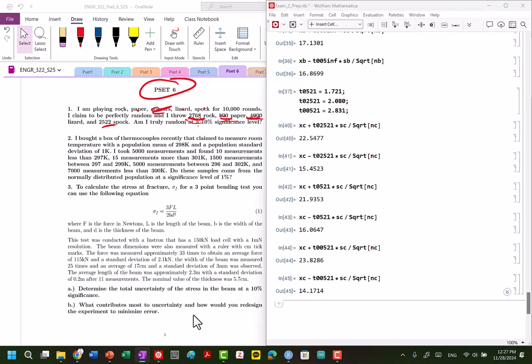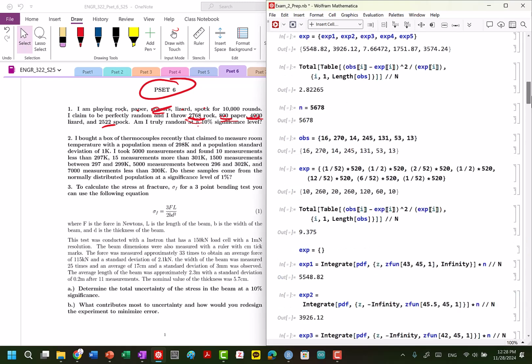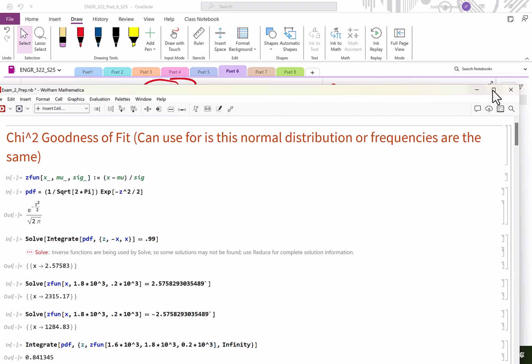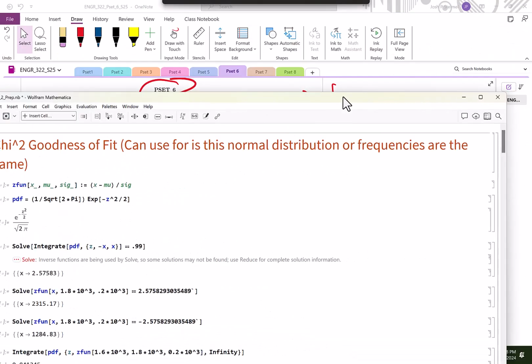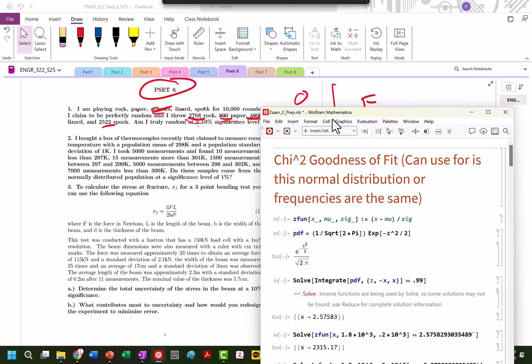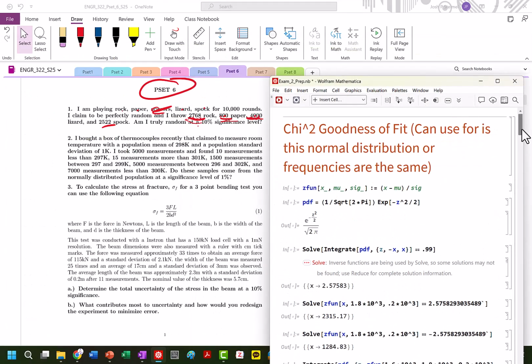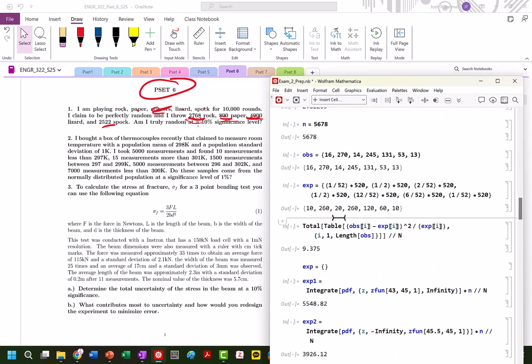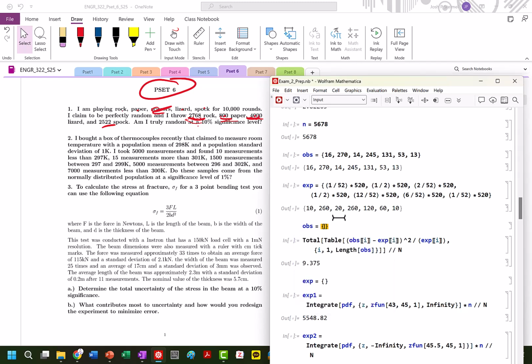So what we have to do is pull this value up. Observed, expected. We're going to have to do a chi-squared calculation. So let's get at it. I'm using this notebook. My observed values are going to be as follows: 2768, 800, 4000, and then 2522.